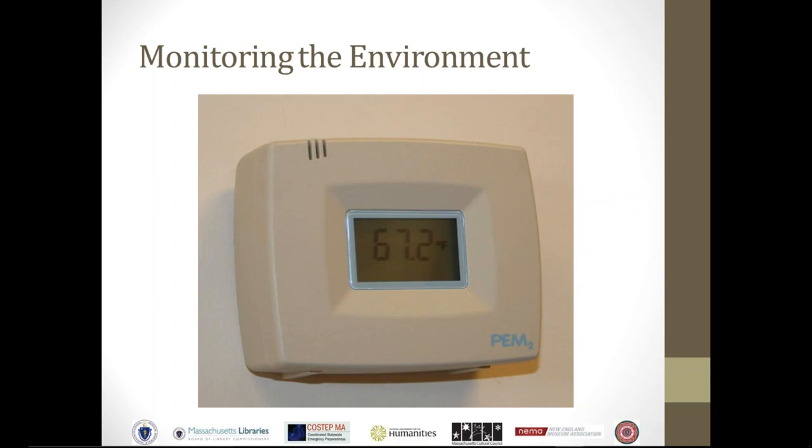How is the space that you're going to monitor used? So some data loggers are small and unobtrusive, others are quite large. So those old-fashioned hygrothermographs are quite large and can take up a lot of space. Some of the small snapshot sort of ones can easily be hidden so that they don't detract from the aesthetics of a space.